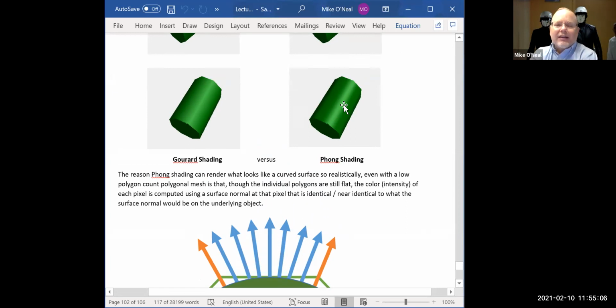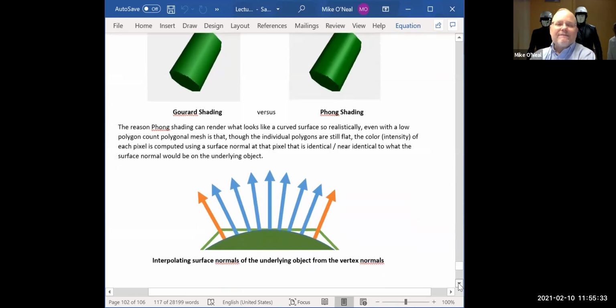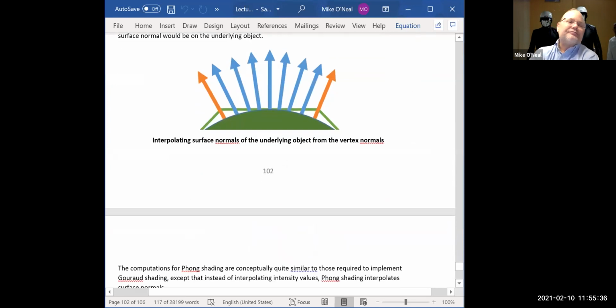So because of that, unless you're looking at an edge, your eye essentially sees the exact color that it would see at that spot on the original object. And this is pretty wonderful because it lets us make computer graphic objects look like they're far more complex than the underlying object that we're actually keeping up with. It's a cheat, but it's a fantastic cheat.